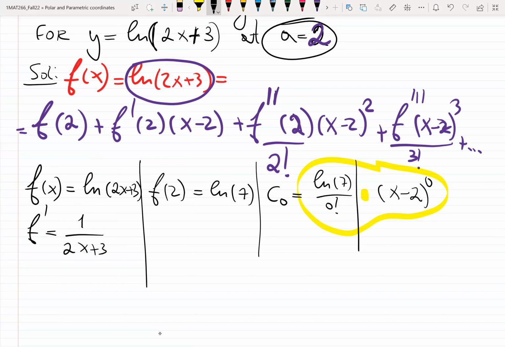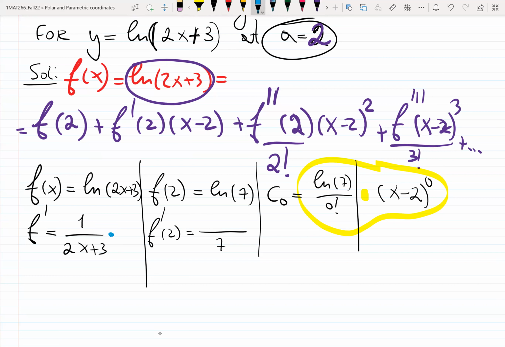Am I missing anything? You tell me while I write down the second part. f prime at 2 will have 7 at the bottom. Did I miss anything or not? Two times 2 is 4 plus 3 is 7. So there's a mistake here.